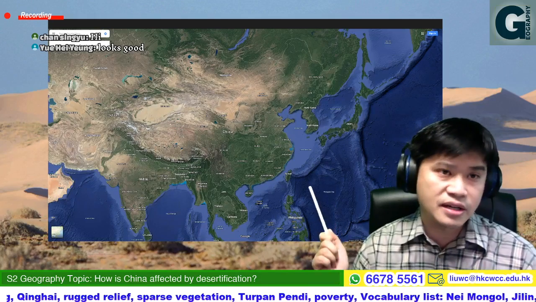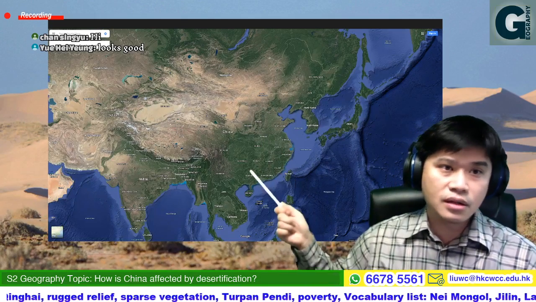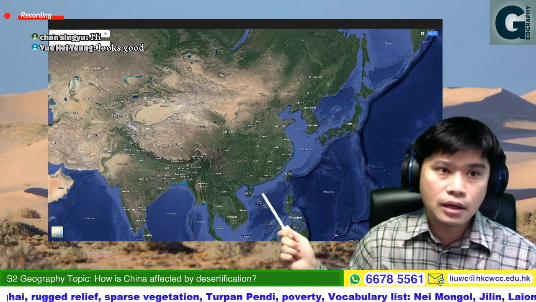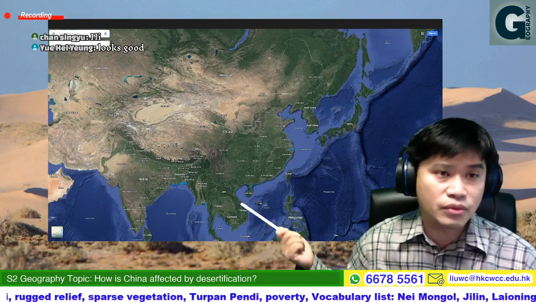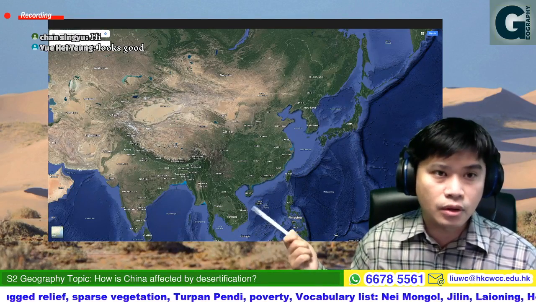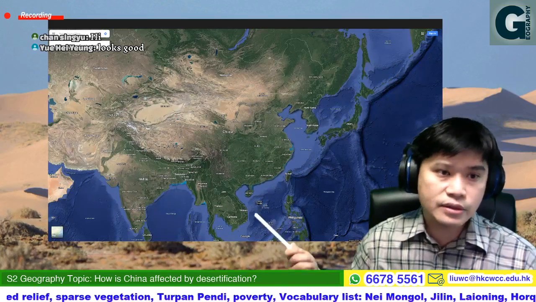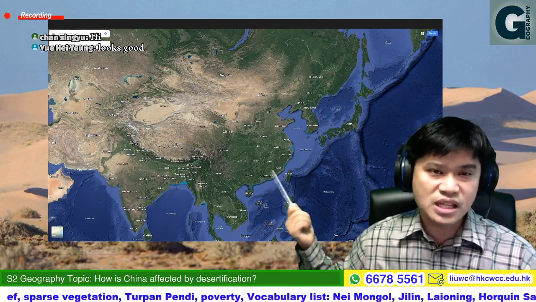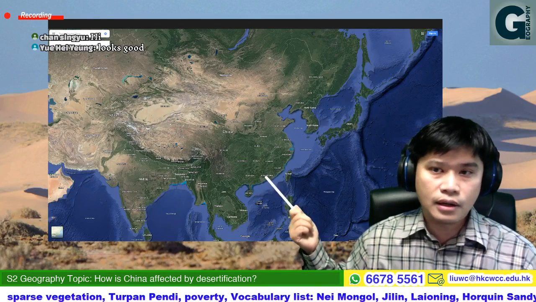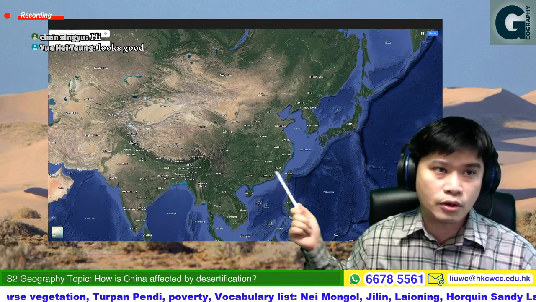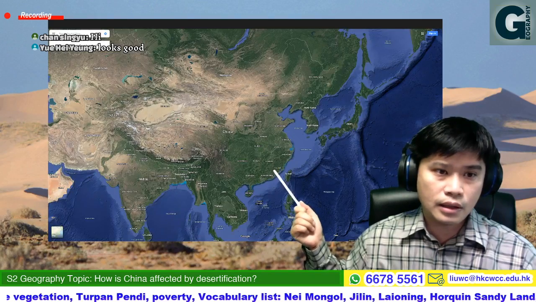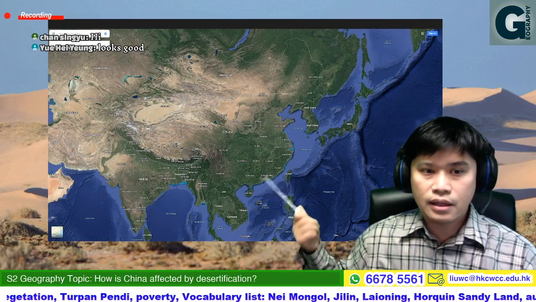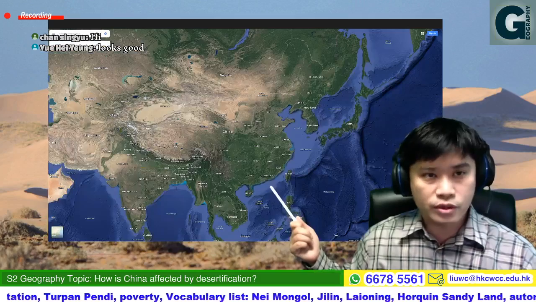That is very clear. For the northern part and the southern part, we may just refer to the color to note the difference of the landscape. In the south, most of the color is green. So therefore, we can observe there is a lot of vegetation there, because it is full of water.